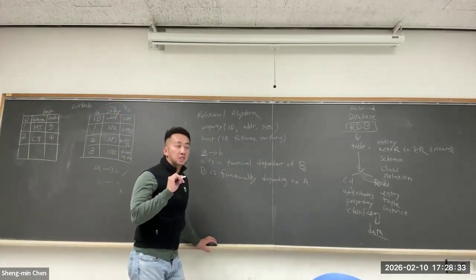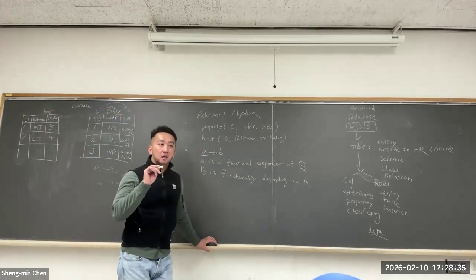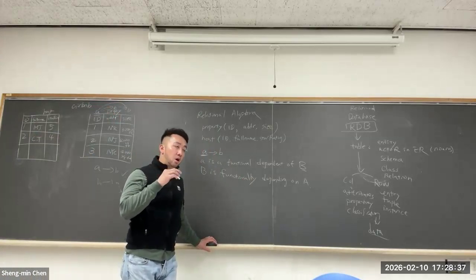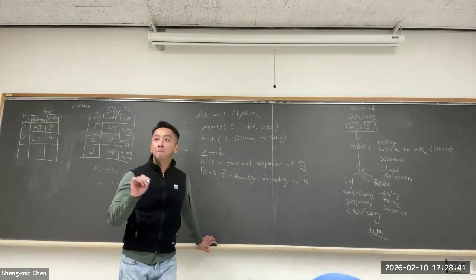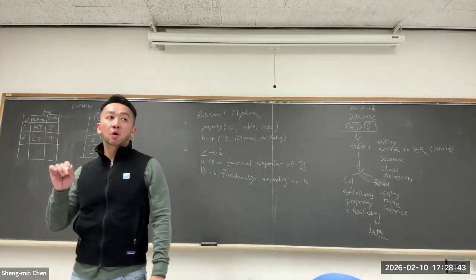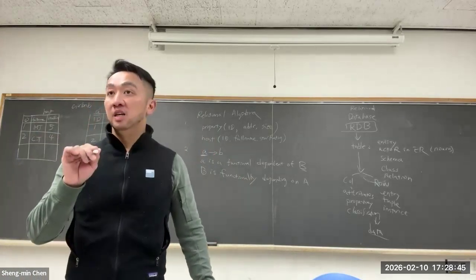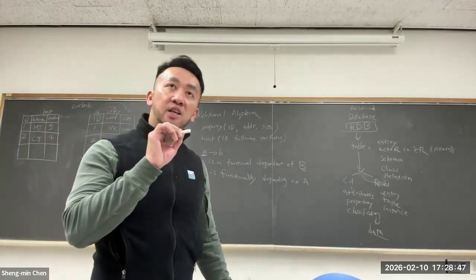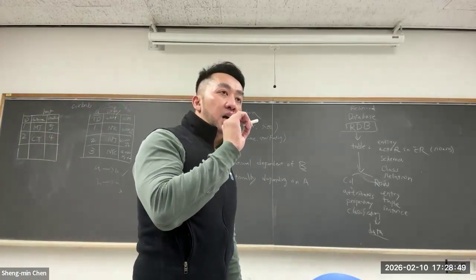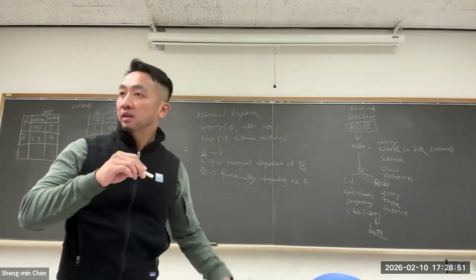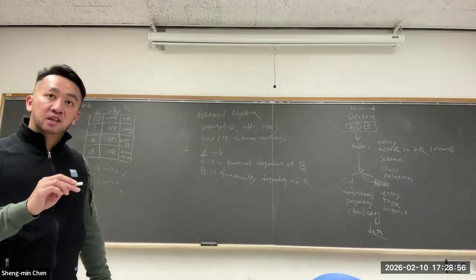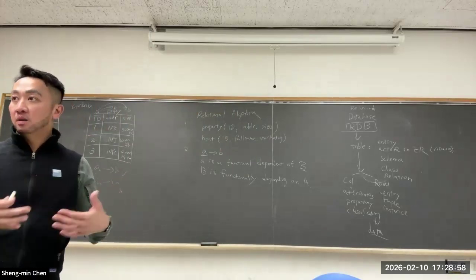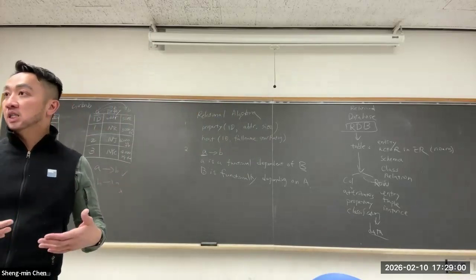The way we call it is adding a key to a table, making a column a key, or making multiple columns a key. It's not automatic. You need to actually specify which columns you would like to make a key.